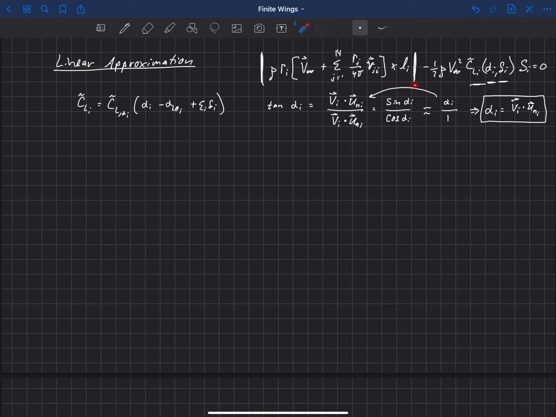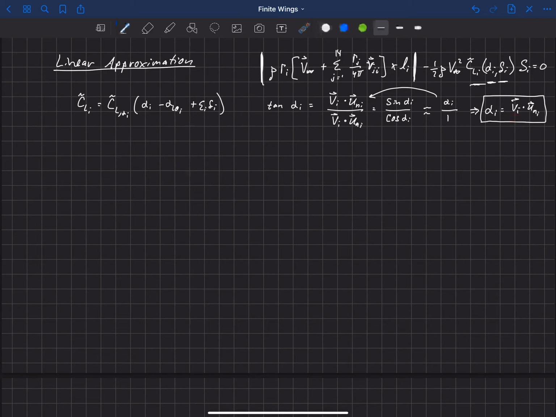So if we look at this general solution up here, this nonlinear system, part of the nonlinearity is that this v sub I depends on all of the gammas. Actually this term right here is v sub I, and it depends on all of the gammas, and we had the ratio of that in order to even get alpha I. Well, now we've linearized that, so alpha I is just vi dot uni. Let's actually write that out here.